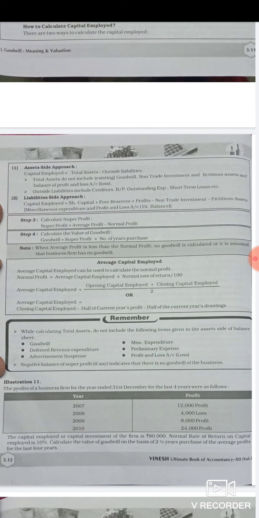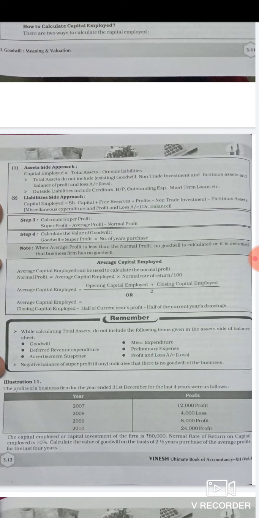So as per the sum, we can use the formulas. If there is the opening capital employed and closing capital employed, then to calculate the normal profit, instead of capital employed, we have to write average capital employed into normal rate of return divided by 100. So we have to keep all the steps in our mind while calculating the value of goodwill under the super profit method.